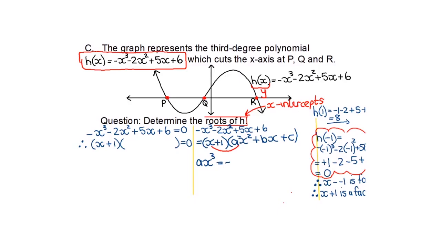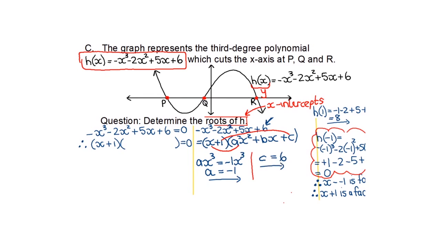In other words, ax cubed will be equal to what they have given me, negative 1x cubed. So I can conclude by saying a must be negative 1. If I multiply the last value of the one bracket with the c of the other bracket, then 1 times c is c. And what is this constant in the given equation? Well, it's 6, so c must be 6.